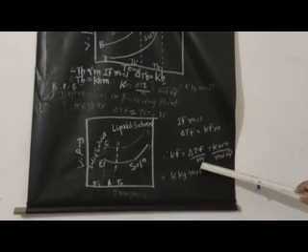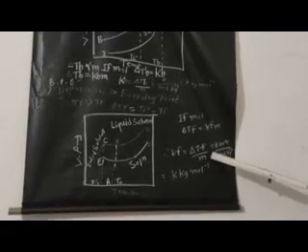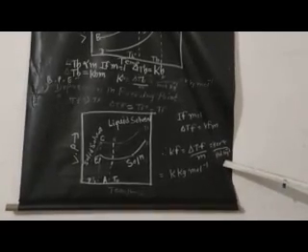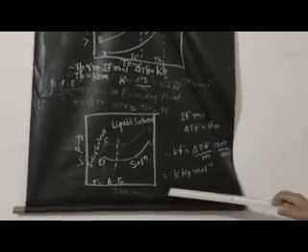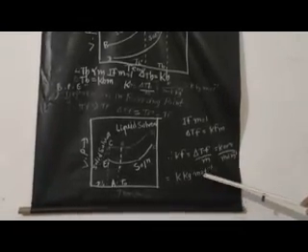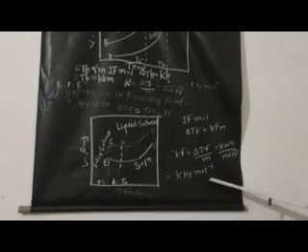Here Kf is called the freezing point depression constant. In unit form we write it as K or degree Celsius divided by mole per kg. Hence the last equation becomes Kf is equal to K kg per mole. That is the freezing point depression constant.